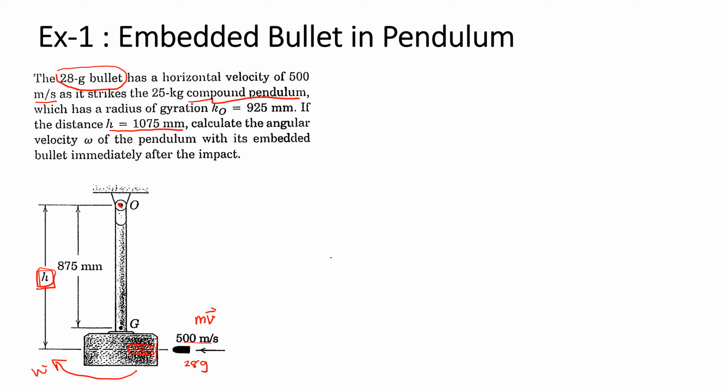The problem also gives the position of the CG. The CG has the offset 825 millimeter far away from point O. But they give another information, radius of gyration.